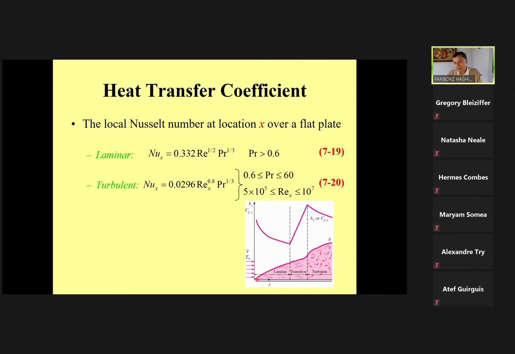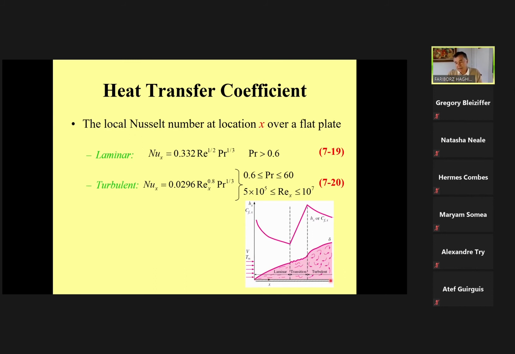Here is laminar, so I have to use this equation, and from here to here is turbulent. I do not know which one I should consider. If I put x equal L, here is turbulent, but it started from laminar at 0 and went all the way to this length.